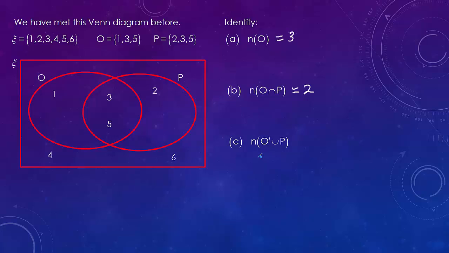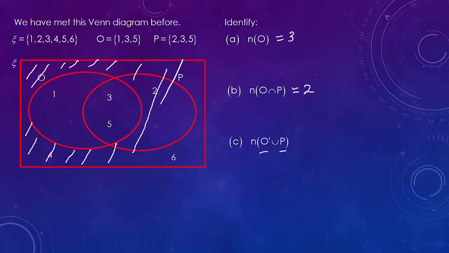But for this last one, we may need to identify the set. So it's not O, the complement of O, in union with P. So I'm going to shade not O, so that's everything around the outside of O to start with.